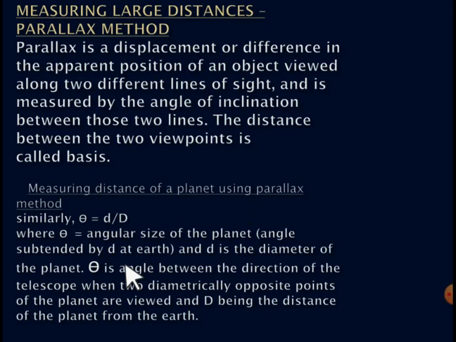Now, this is almost the same as we discussed in the previous case. Your theta will be equal to d by capital D. This theta is known as the angular size of the planet.